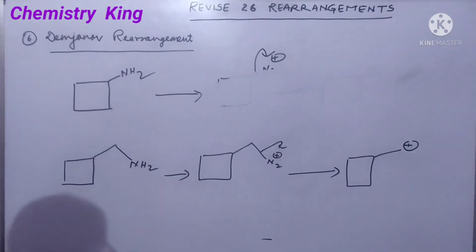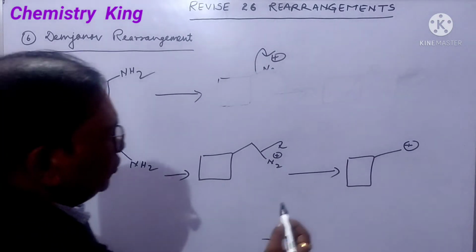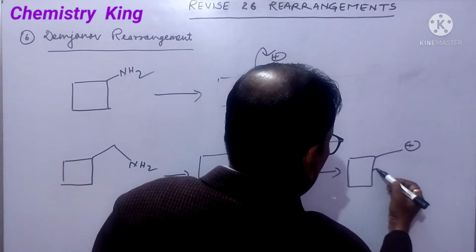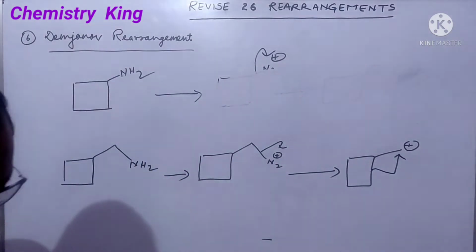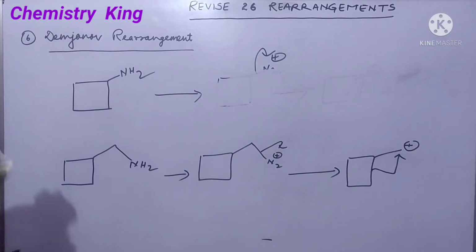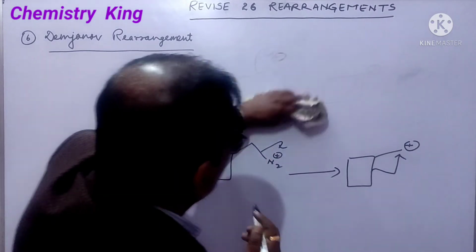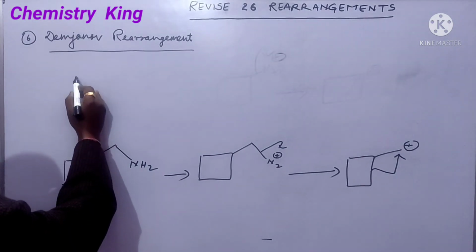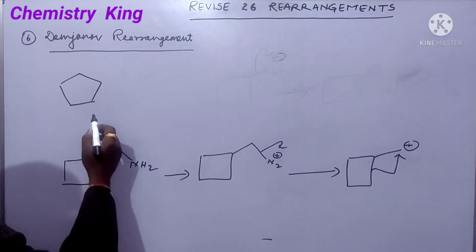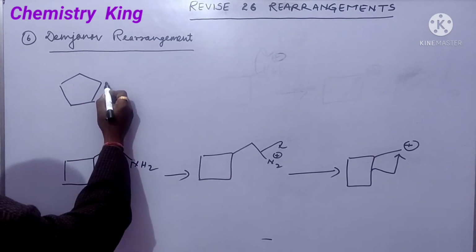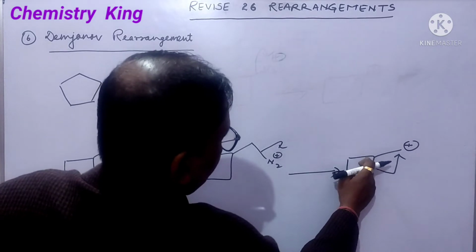You will get this. And due to this, this bond will shift in this fashion, and you will get five-membered ring, and positive charge will be here.